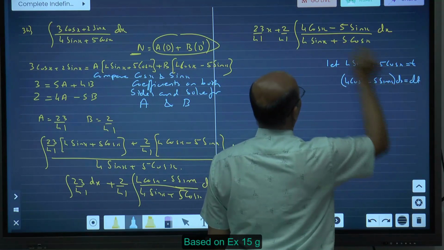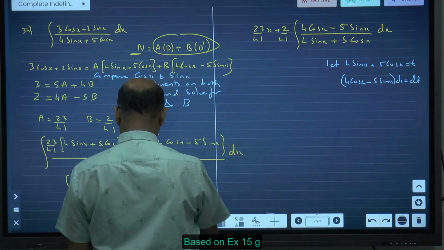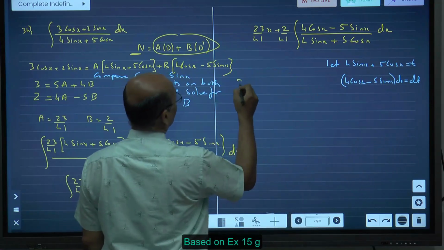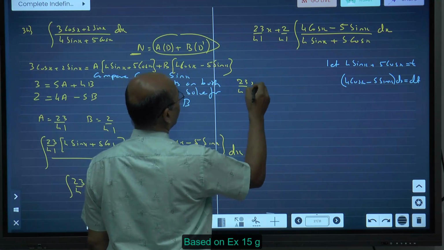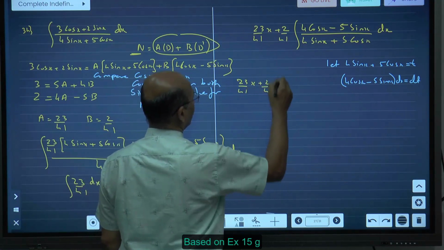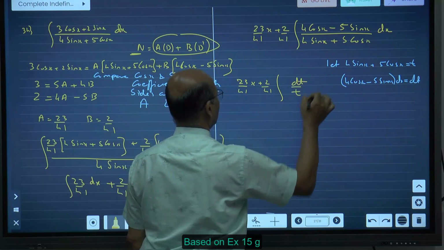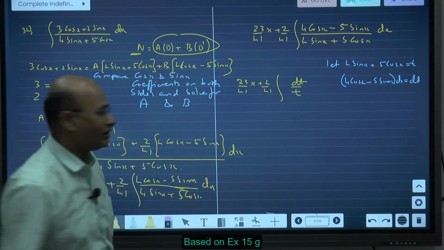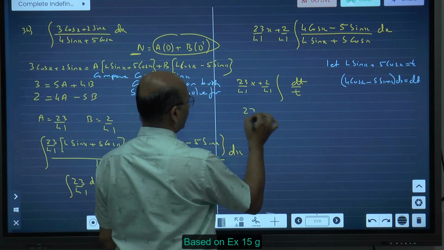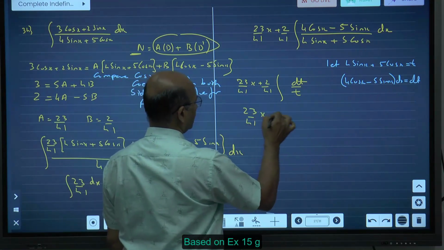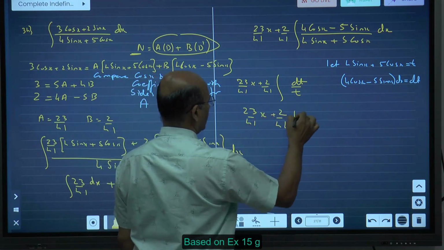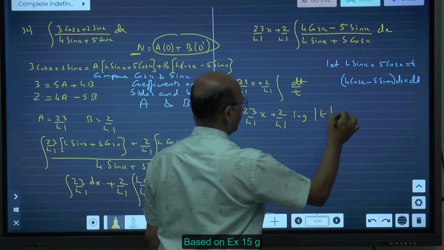See, the numerator got adjusted. So what will happen now? This is 23 upon 41 x plus 2 upon 41, and this completely got adjusted as dt upon t. Now what is the integral of dt upon t? Log t. So 23 upon 41 x plus 2 upon 41 log t plus c.